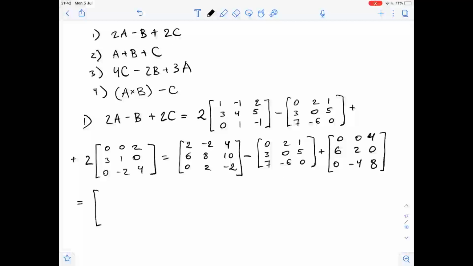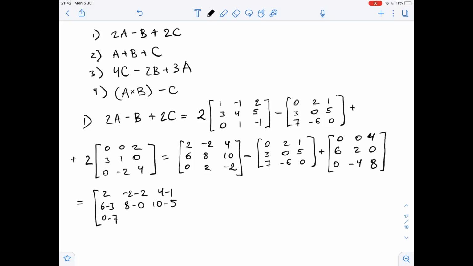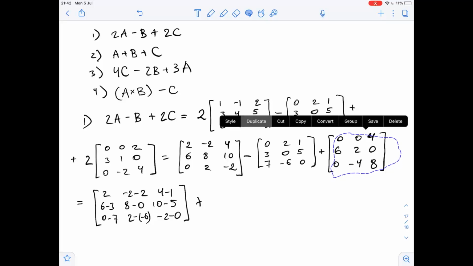Now, first we will subtract matrix B from 2A. When we subtract matrices, we just subtract the corresponding entries. So here we will get 2 minus 0, which is 2, then negative 2 minus 2, 4 minus 1, 6 minus 3, 8 minus 0, 10 minus 5, 0 minus 7, 2 minus negative 6, negative 2 minus 0, plus the last matrix stays the same.